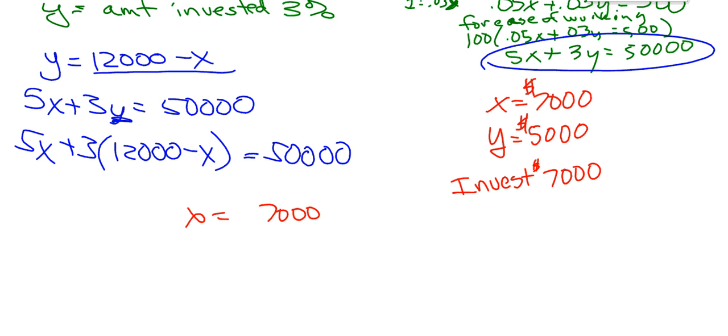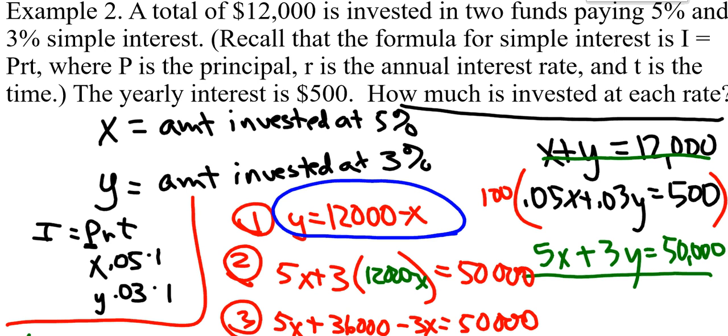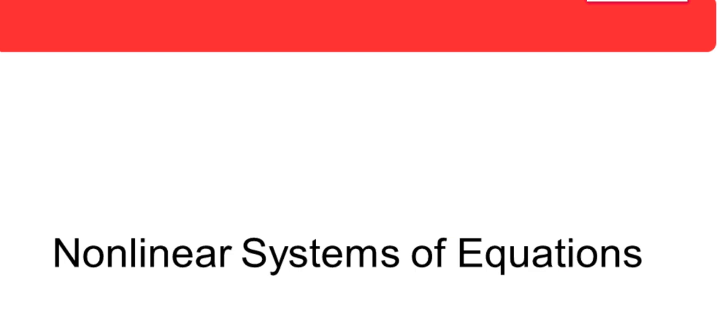So we're going to invest $7,000 at 5% and $5,000 at 3%. So just be ready to not just give, oh, x is this or y is that, but also to give something about this.